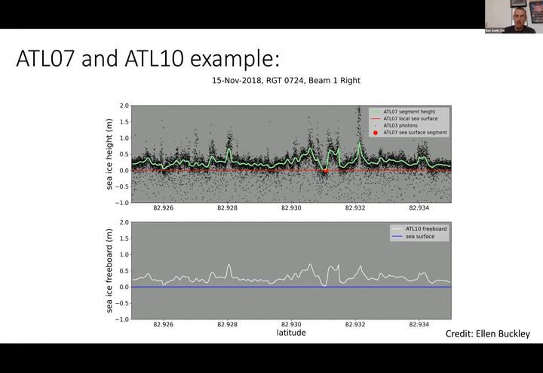And then ATL10 took that estimate of where the sea surface height was and subtracted it from the on ice elevations to define the freeboard anchored at that one point to the sea surface height. So that would potentially let you make some estimates of how thick the ice was.